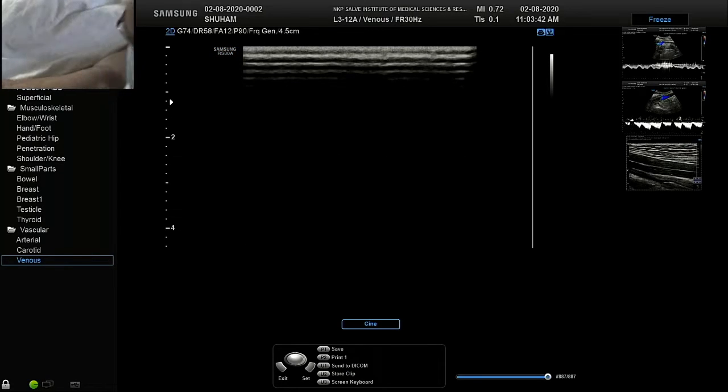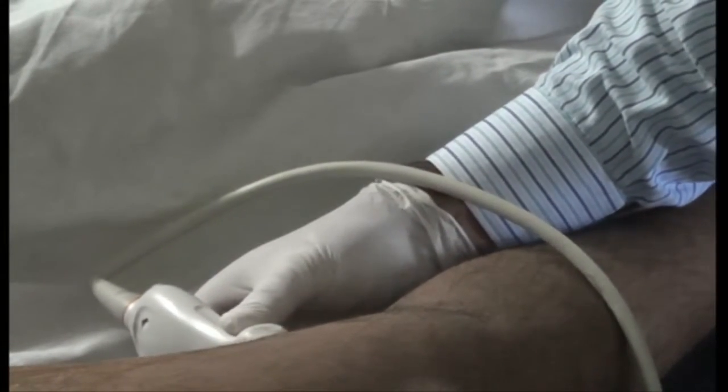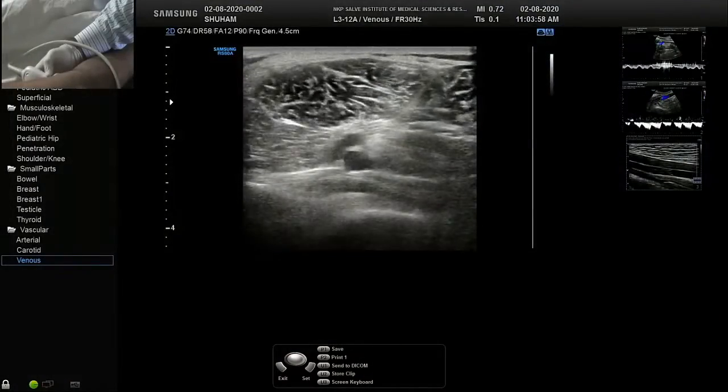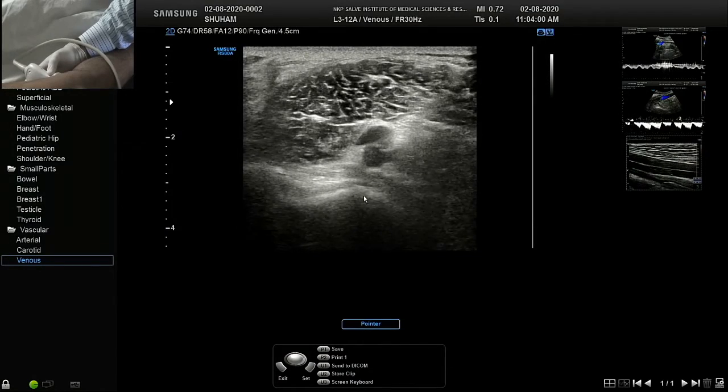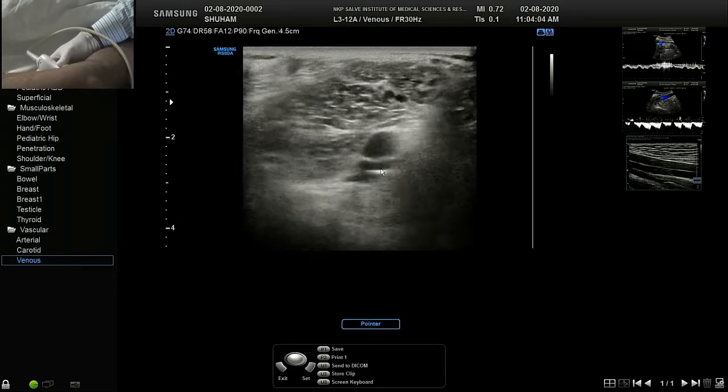I will just change my position, get the machine nearer to the site of examination and make myself comfortable. So you can see the popliteal vein and the popliteal artery.